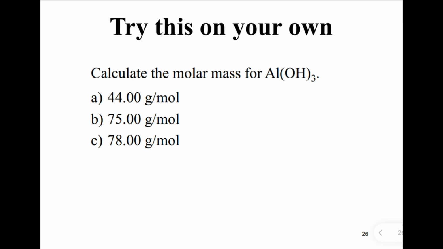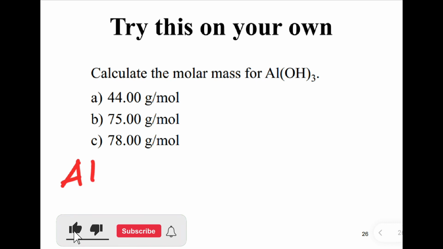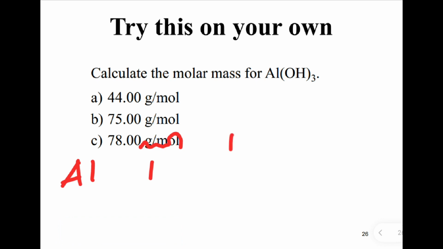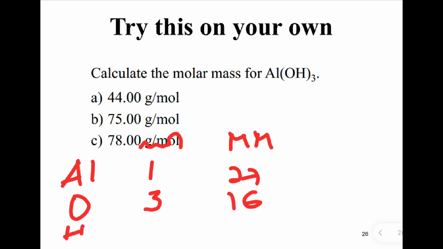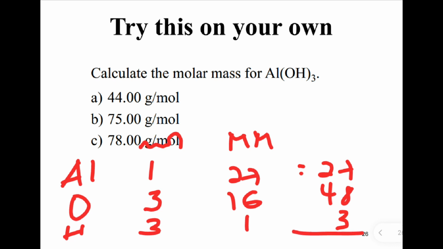Calculate the molar mass of aluminum hydroxide. Aluminum is 27. How many moles do we have? 1, molar mass 27. How many moles of oxygen atoms? 3, molar mass 16, so 48. Hydrogen has 3, molar mass 1, so 3. Adding 27, 48, and 3, so the answer is what?